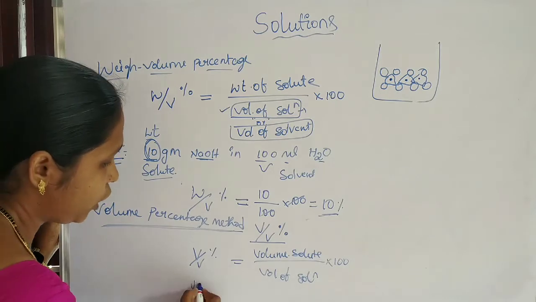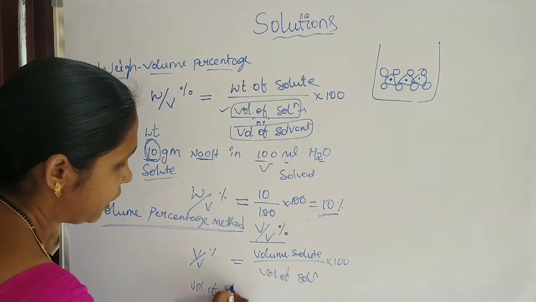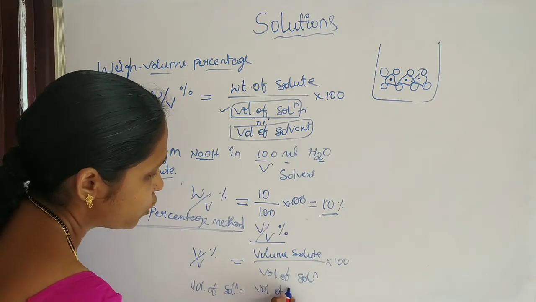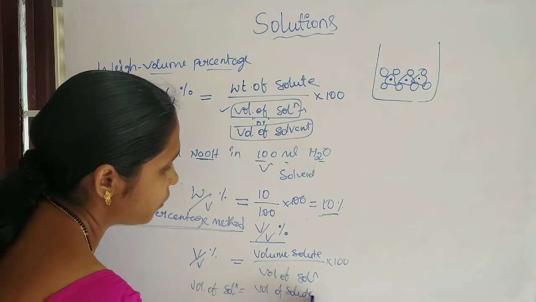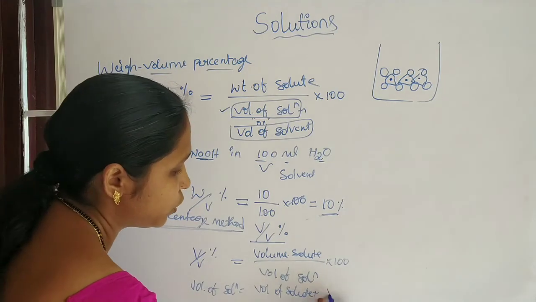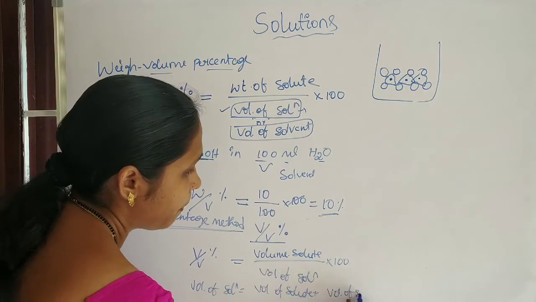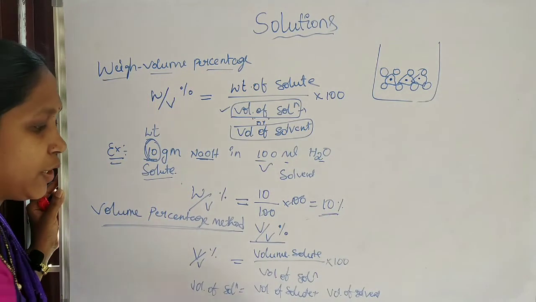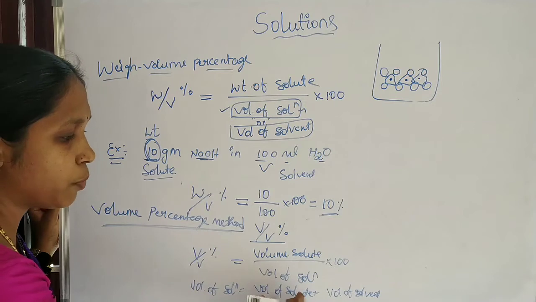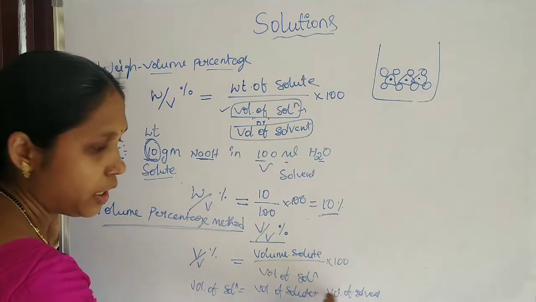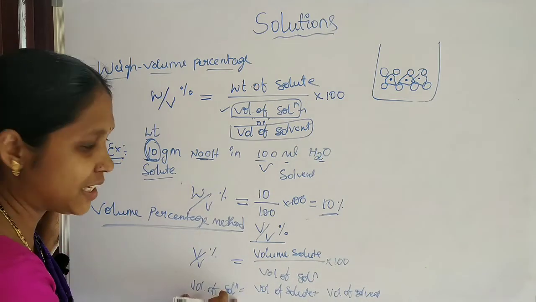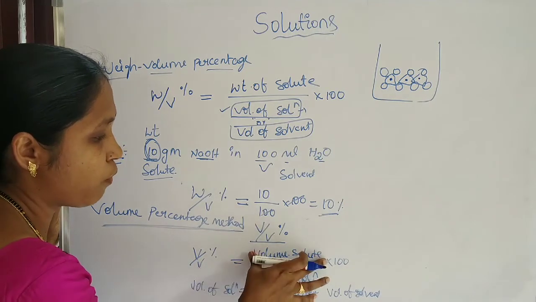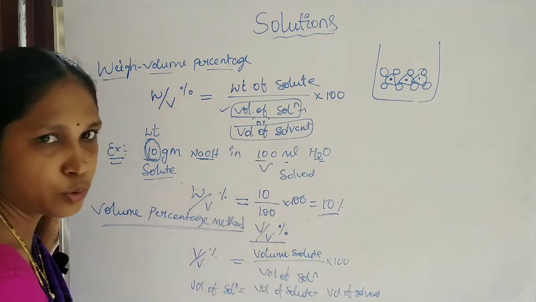Here the volume of solution means the sum of the volumes of solute and solvent. Because both are liquids, by adding the volume of a solute to the volume of a solvent, the volume of solution increases. So volume percentage is the ratio of the volume of solute and volume of solution.